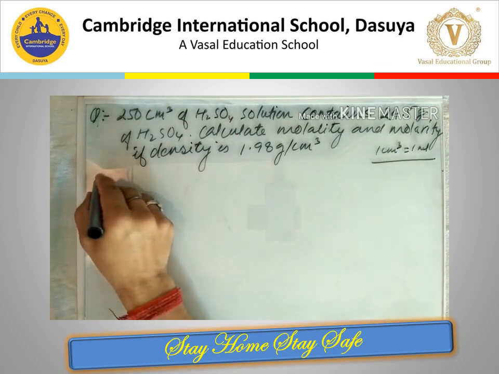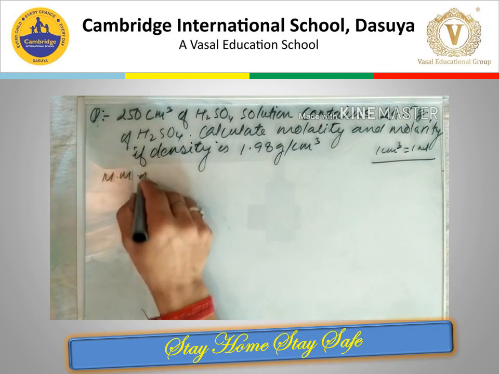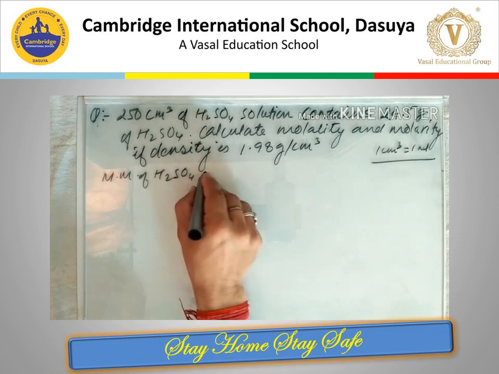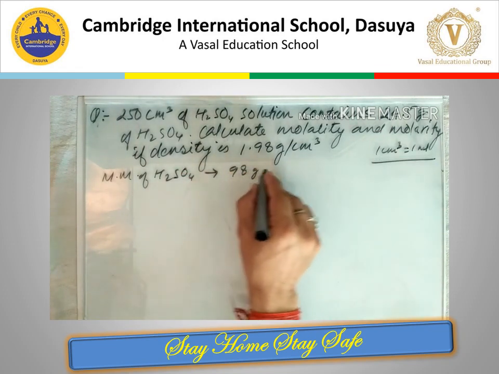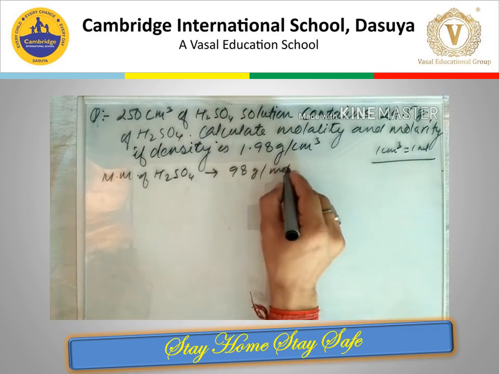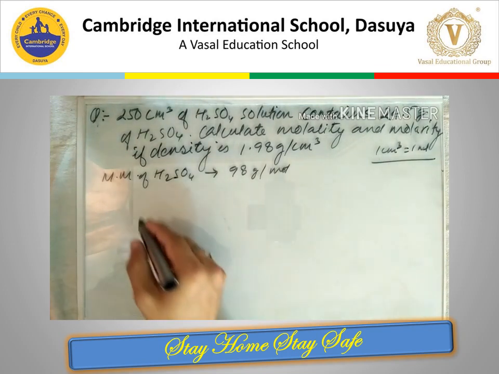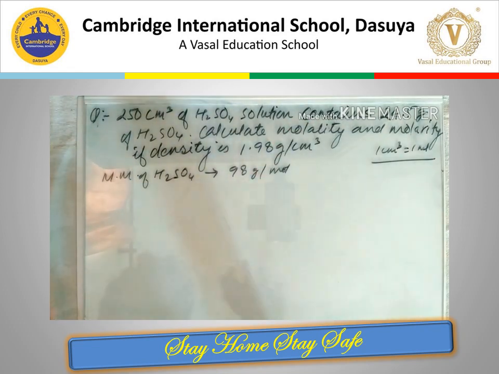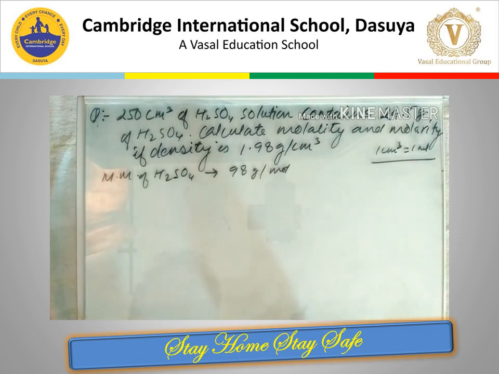Since we know that the molar mass of H2SO4 is 98 gram per mole, and the molarity, the mass is given here. We know the molar mass, volume is given, we can easily find out the molarity.